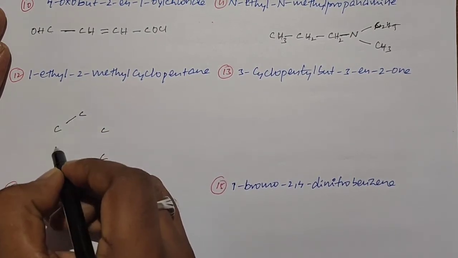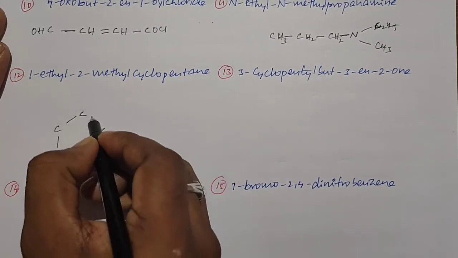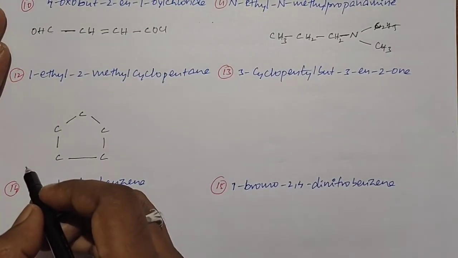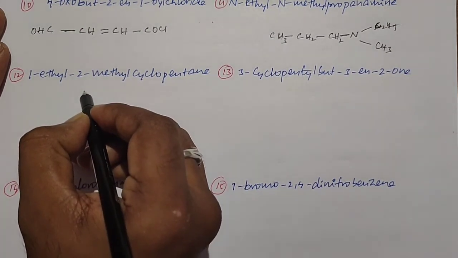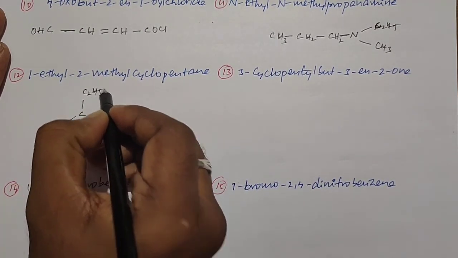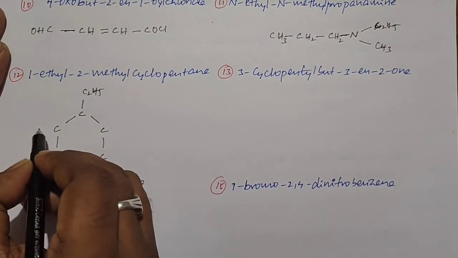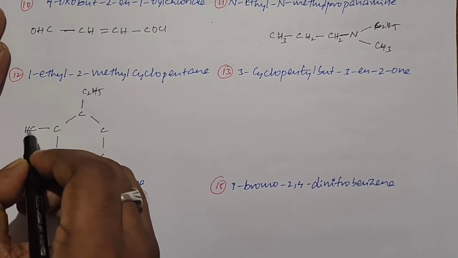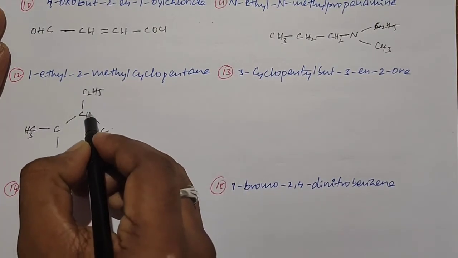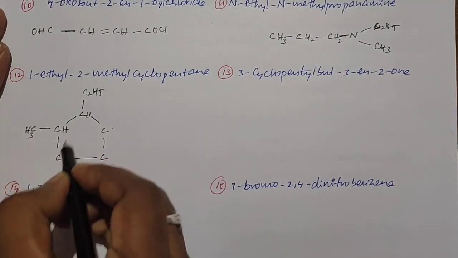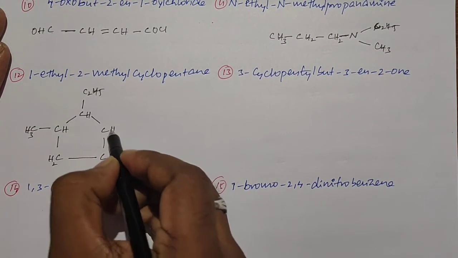Carbons 1, 2, 3, 4, 5. At the first carbon we have an ethyl group, C2H5, and at the second carbon we have a methyl group. Now fill the tetravalency: for this carbon 3 valences are satisfied, 1 hydrogen; here 1 hydrogen, here 2 hydrogens, here 2 hydrogens, and here 2 hydrogens.